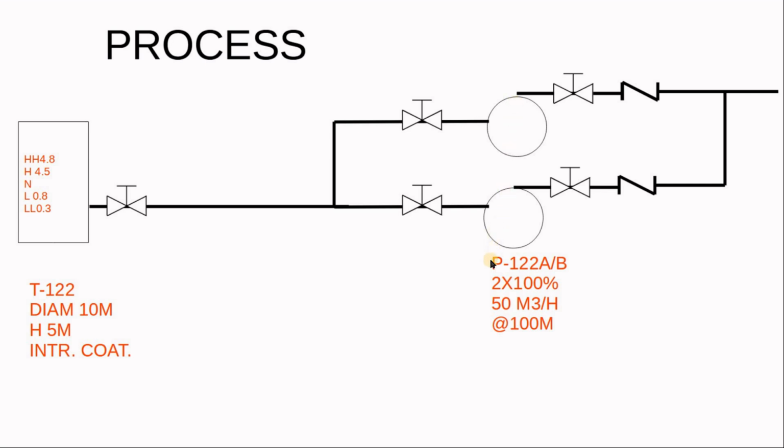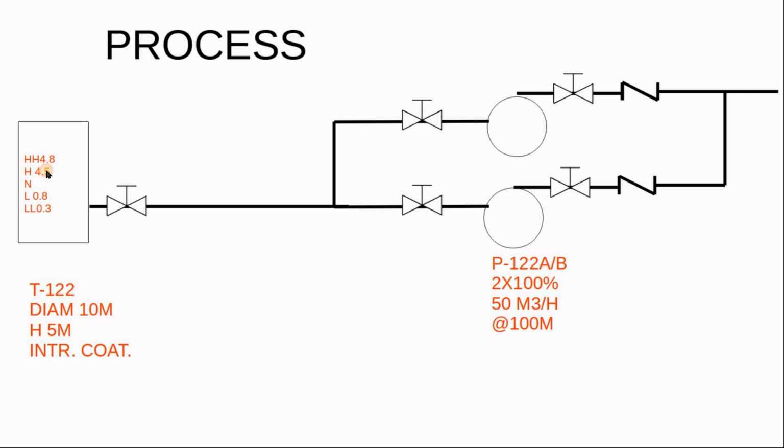Each one of them delivers 50 meter cube per hour at a head of 100 meter. In the tank, our process friend put HH, that means high-high alarm at 4.8 meter, high alarm at 4.5, and low alarm at 0.8, low-low alarm at 0.3. The difference is that as we approach 4.5, we give the operator an alarm.